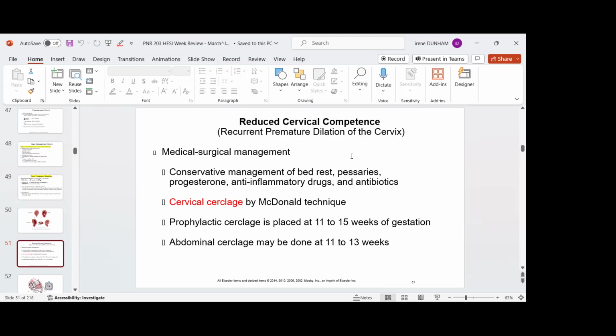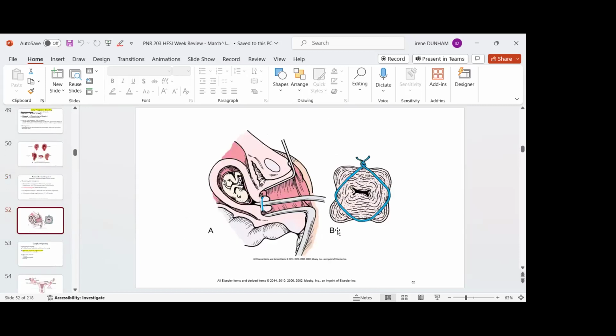They can do it 2 ways, vaginally or abdominally, and they go up and close the cervix up. That's because every time she gets pregnant, she dilates. And so we can go ahead and sew that up. And let me show you a picture right here. Sew up that cervix, and you can see it here. It does a nice job, and it works very well.